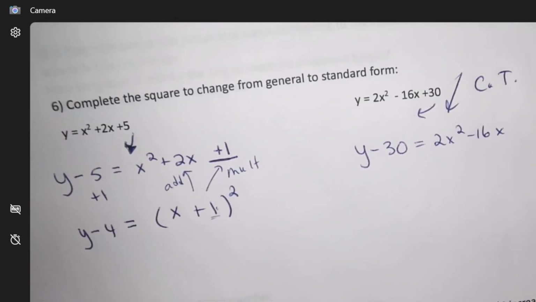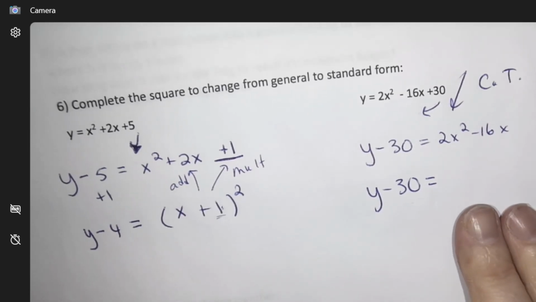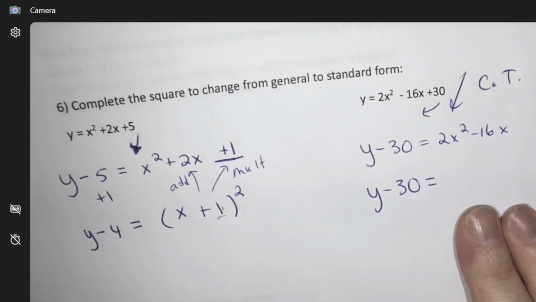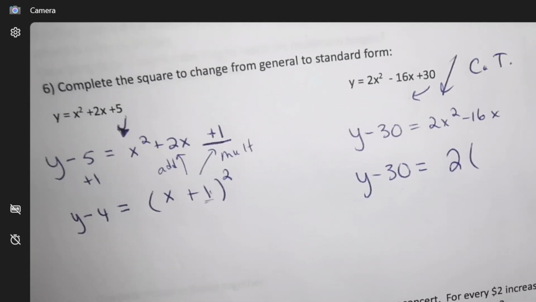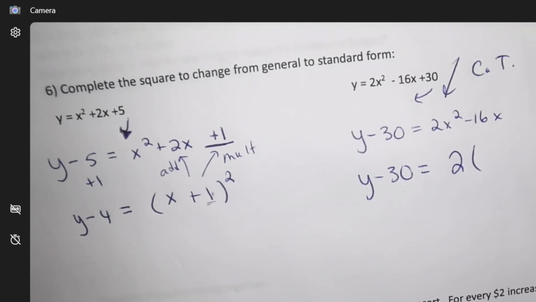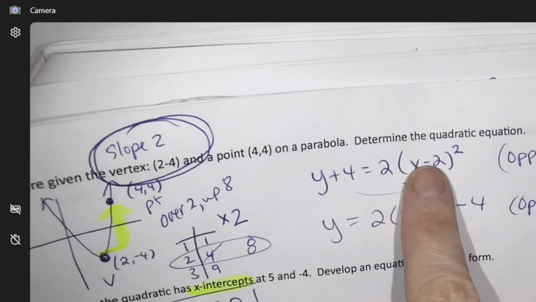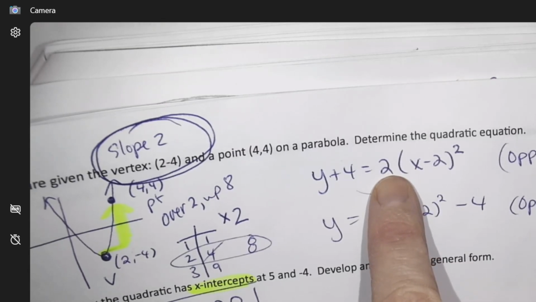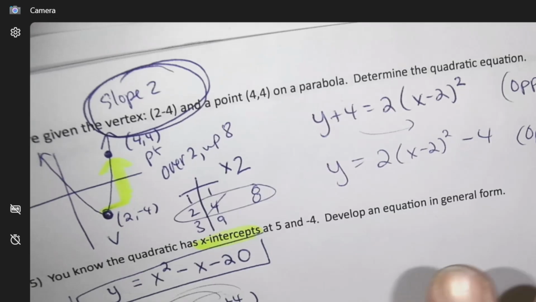You can't do that. You need to do it with a simple trinomial. So what am I going to do to make this just start with an x squared? I'm going to pull the 2 out of it. Okay? And you should know, because look at the format of this. What's going on? If there's a number multiplier, it has to be out. Right? Where is it? It's out of that bracket part.